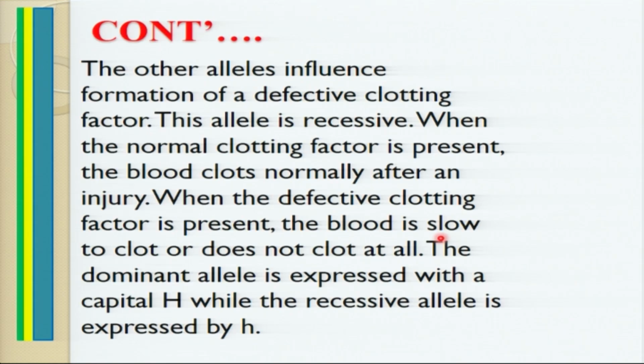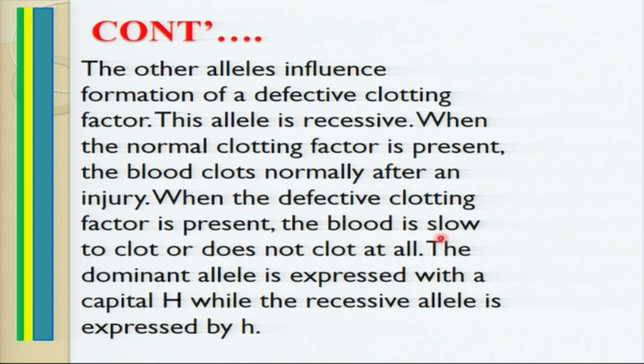So when a normal clotting factor is present, the blood clots normally after the injury. When the clotting factor is dominant and you get injured, it is easier for the blood to clot. When the defective clotting factor is present, the blood is slow to clot or does not clot at all.